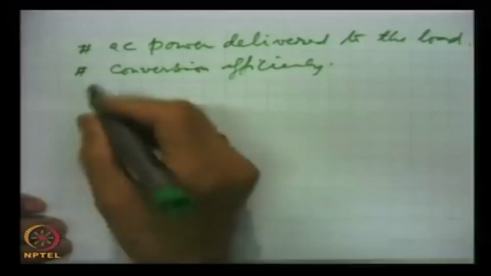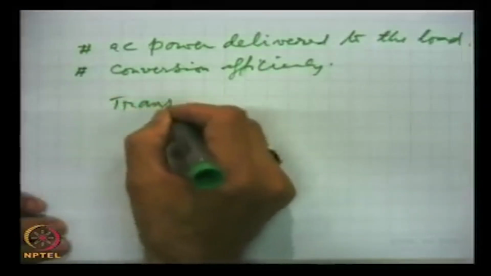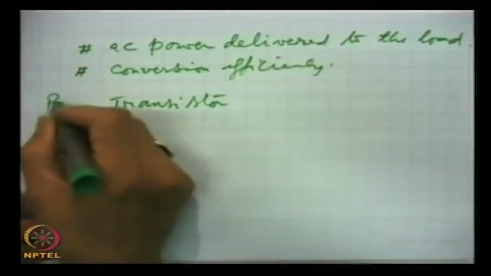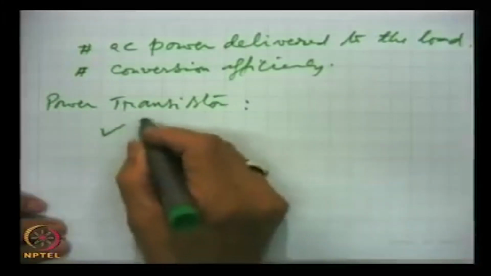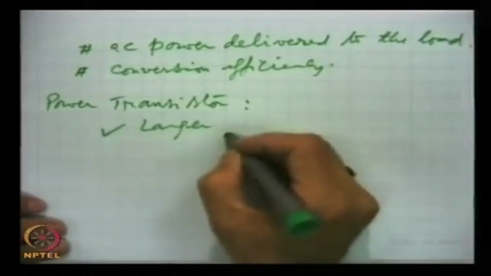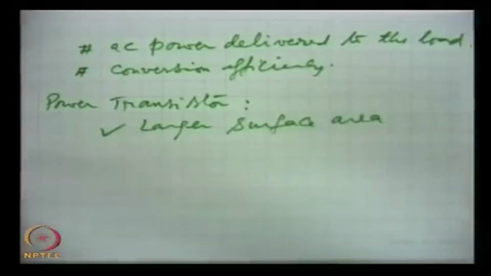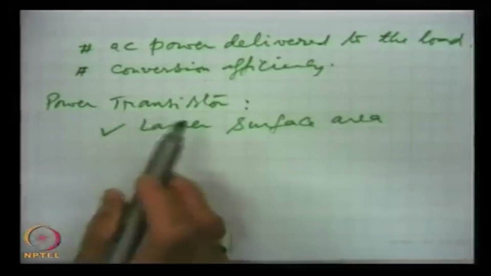So, the power transistor should have larger surface area as compared to small signal transistors, so that it can handle large powers.